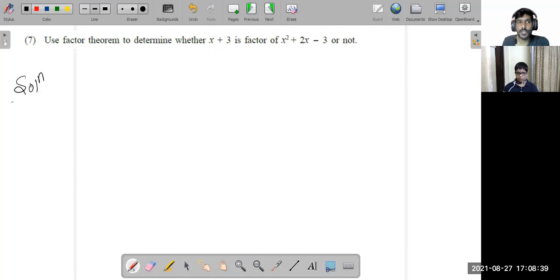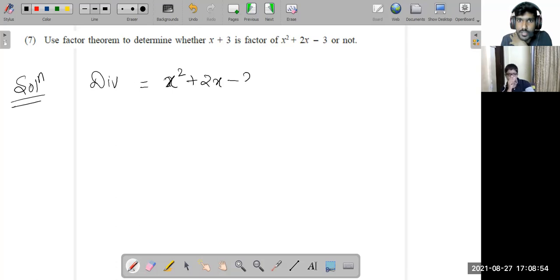We'll use the remainder theorem and we will show that the remainder is 0. Our dividend polynomial is x square plus 2x minus 3. This is our dividend polynomial, and our divisor polynomial is x plus 3.